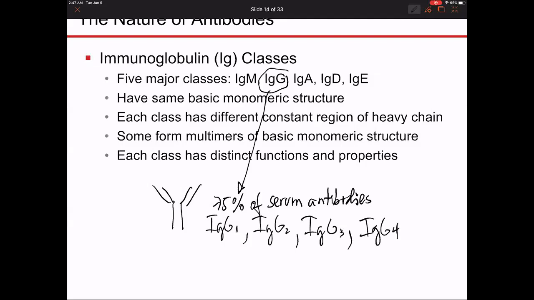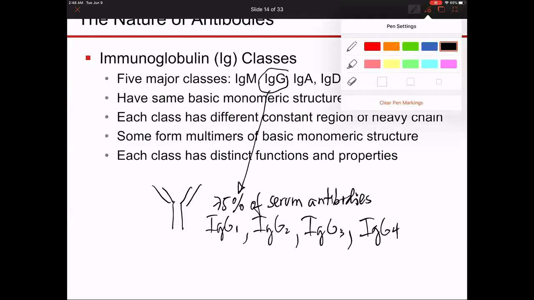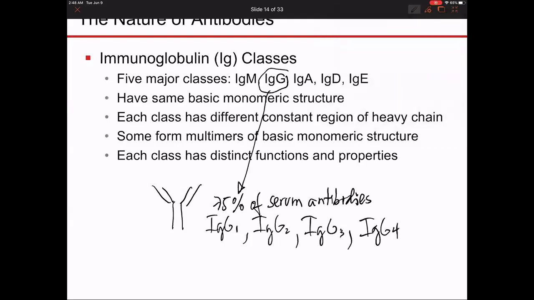IgG4. These antibodies, the antibody that probably is the more versatile in terms of the functions that it can perform. And together with IgM is the antibody that can activate the classical pathway for the complement activation. It's also the only antibody that can cross the placenta.